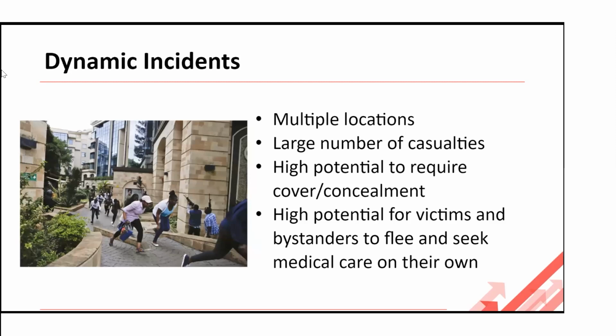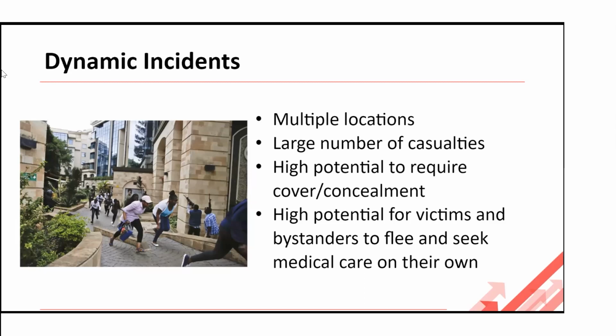A dynamic incident is one where there are multiple locations and a large number of casualties, a huge group of people, and the incident is continuing and takes some time to be sorted. There is high potential for the rescuers also to need protection, okay? So it could be a live situation.